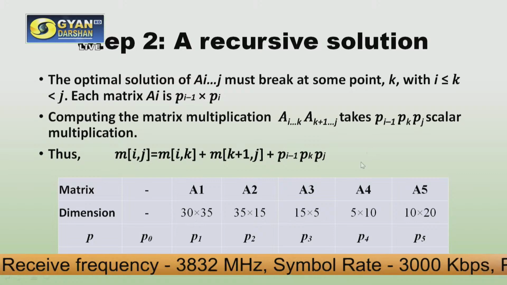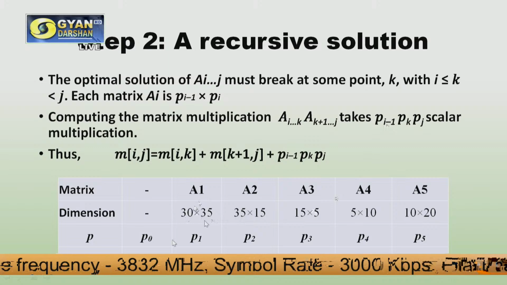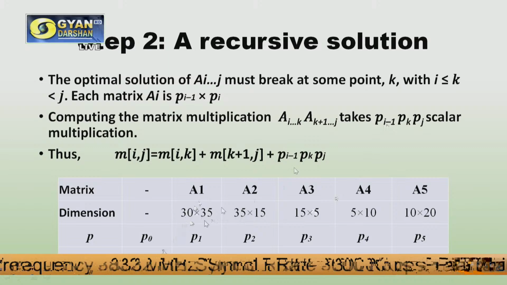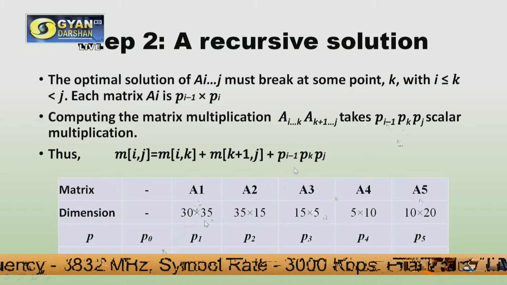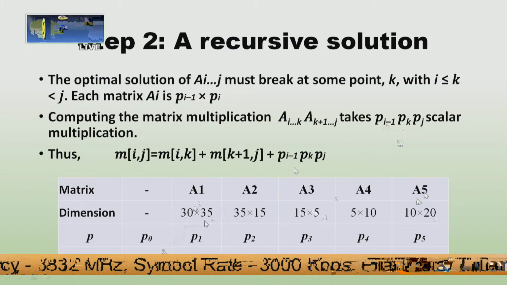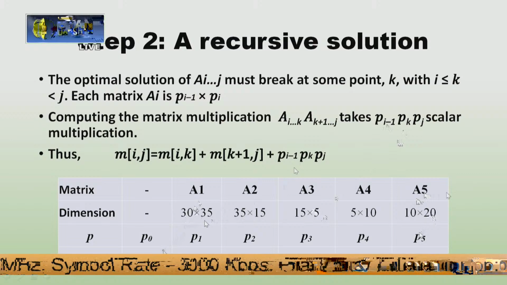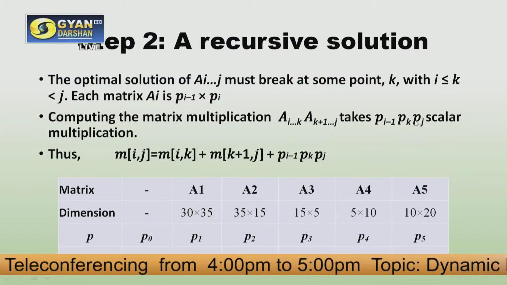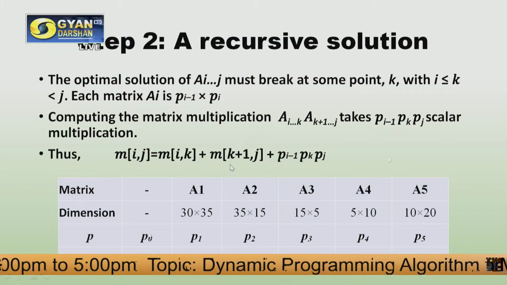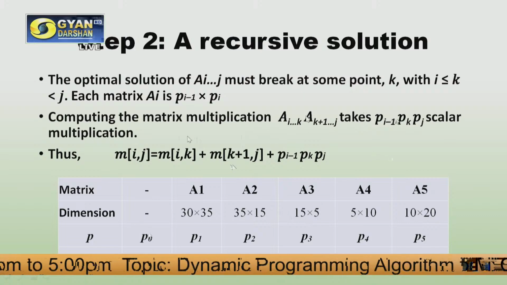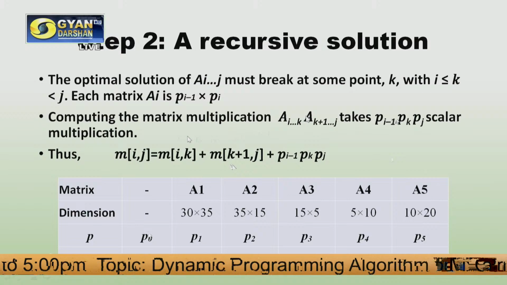So this multiplication will require 30, then 5, multiplied by the last one, the J, 20. Like that we are going to compute the number of scalar multiplications whenever we are computing this during dynamic programming.